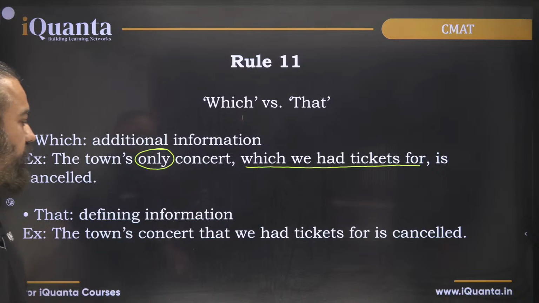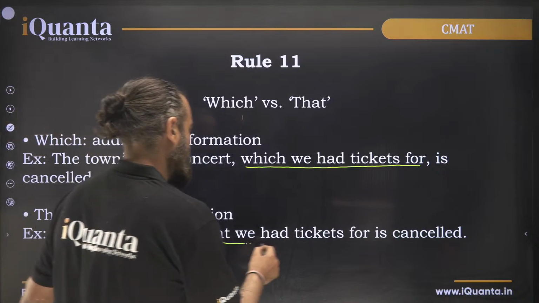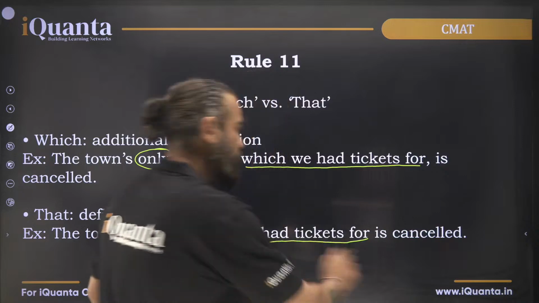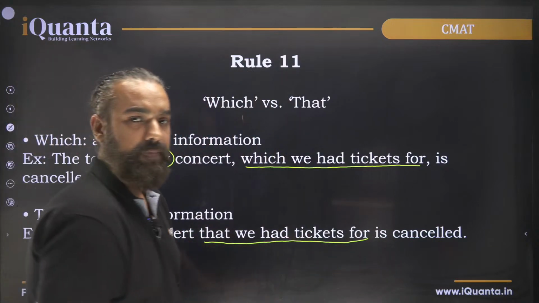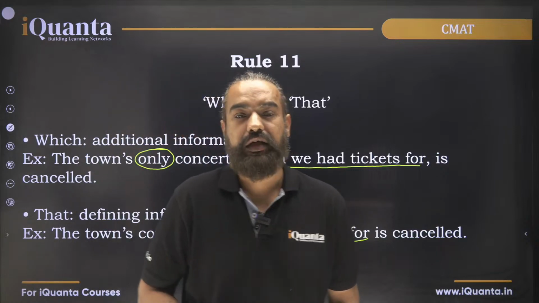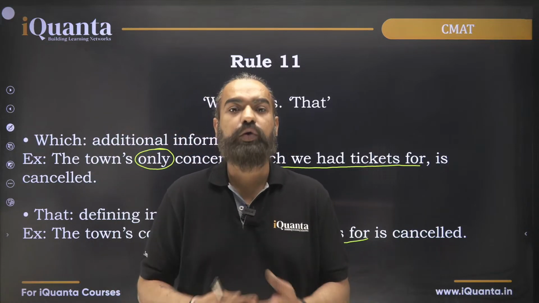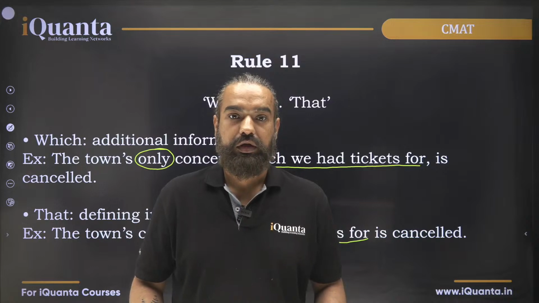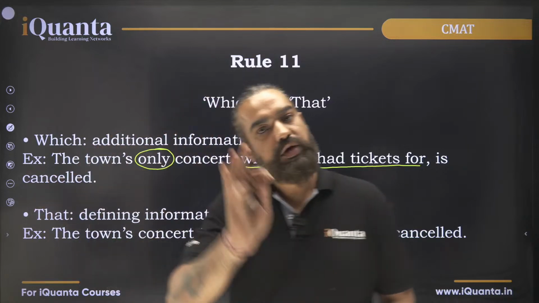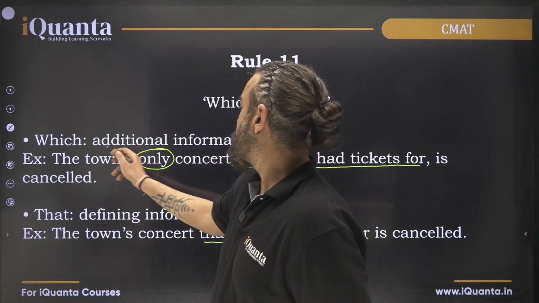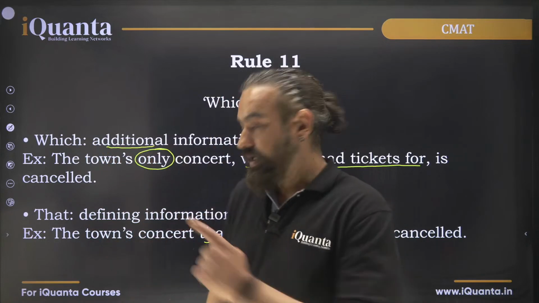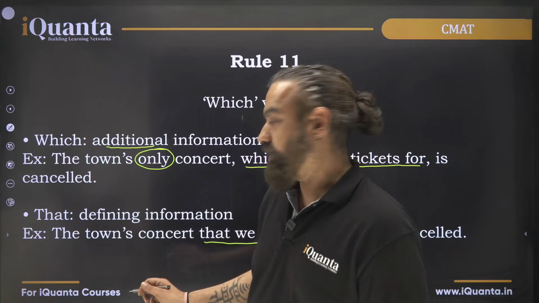But in the second part, if I remove the underlined part and simply say the town's concert is cancelled, you don't know what I'm talking about. You don't know which concert I'm talking about, right? In the first case, there is the only concert, so whatever you tell about the concert is additional information. But in the second case, what defines the concert?